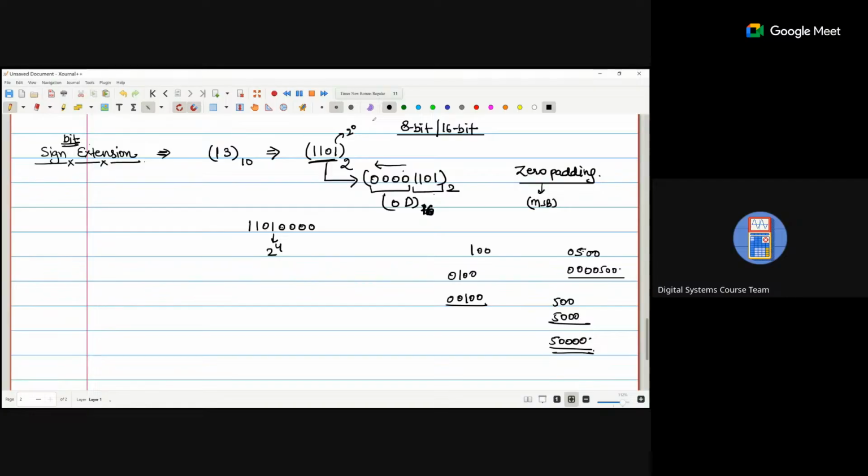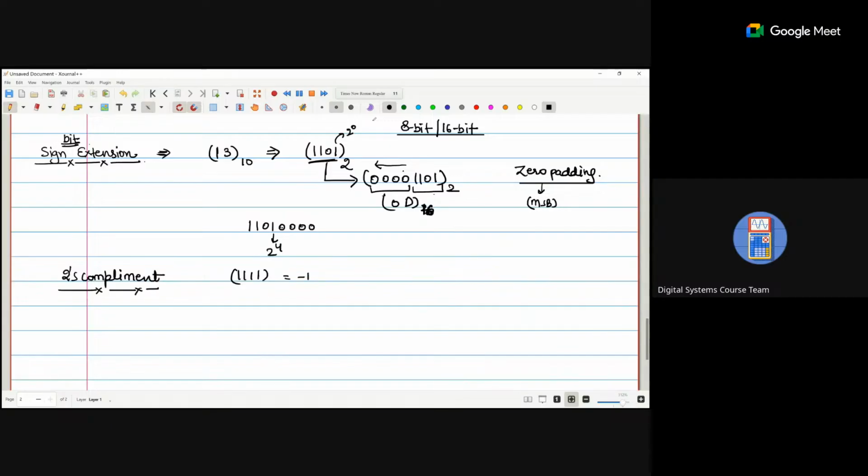For binary, it is very simple. It is called zero padding. Now, if we go with 2's complement, we already discussed that 1, 1, 1, 1 is -1.